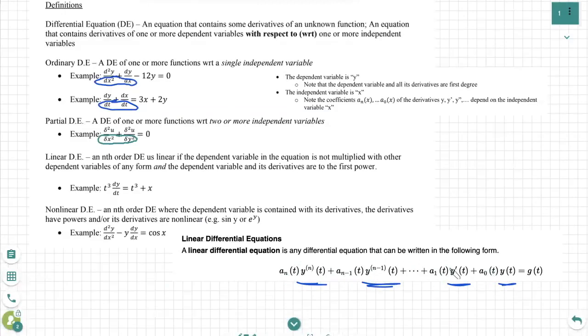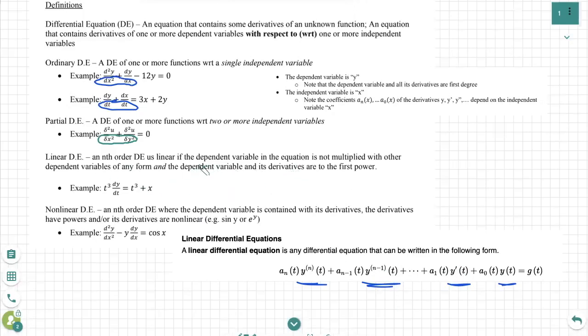They could be constants, they can be whatever. The rule with linear differential equations is that each term can only have one derivative or one y. You can't mix derivatives and dependent variables in the same term, if that makes sense.